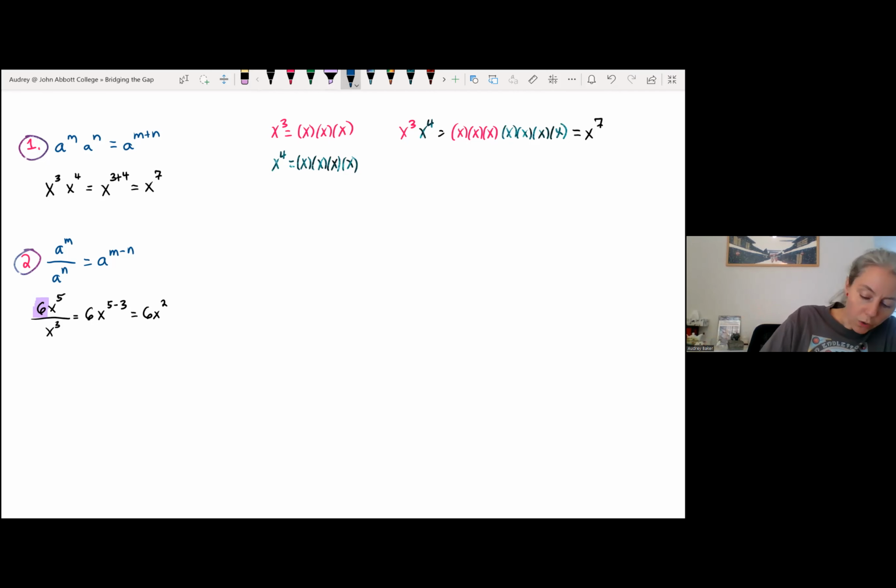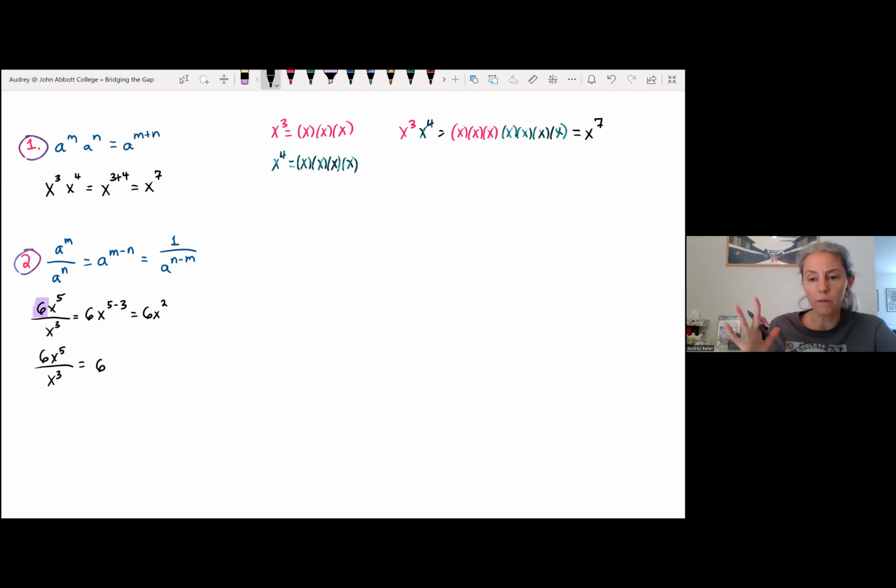Now note that we also said that this could be equal to 1 over a to the n minus m. So if I were to try that, I would get 6. Again, that 6, it's in the numerator. It's not to a power. It's not affected by anything. So it stays there. The rule doesn't apply to it.